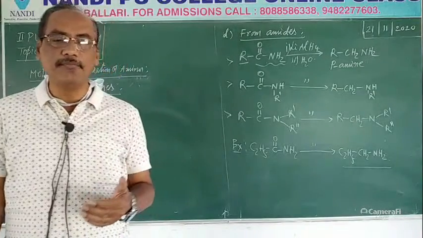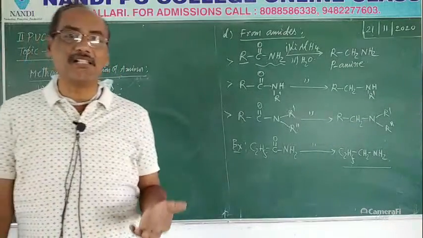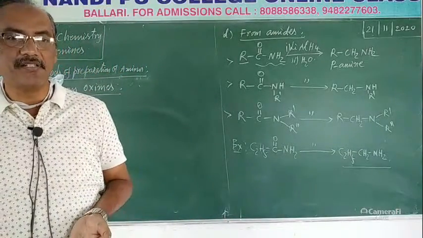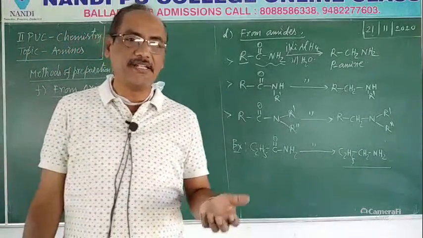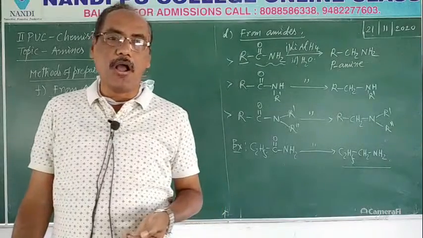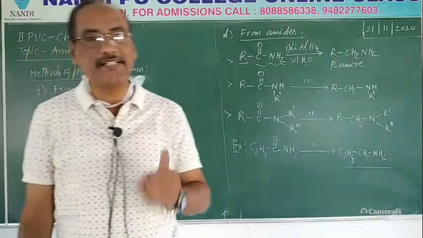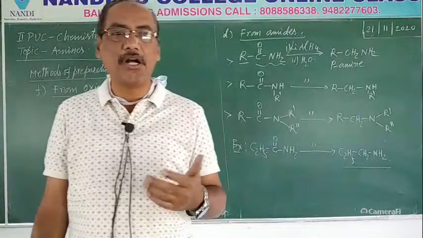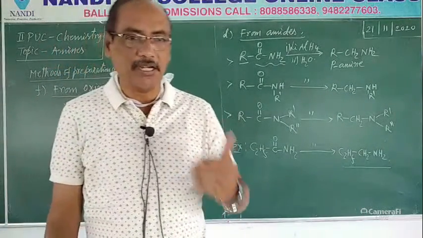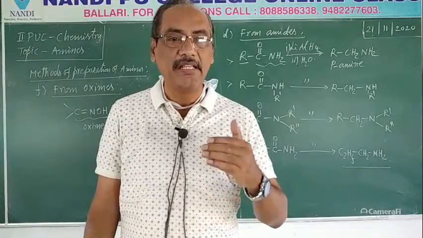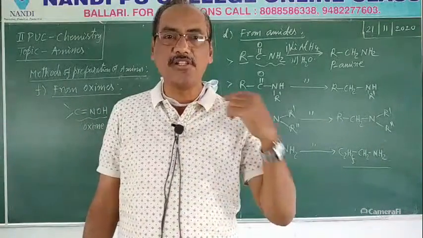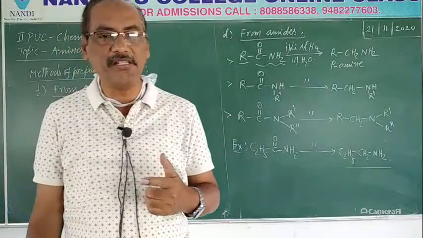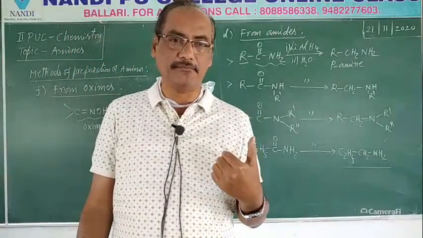Oximes produced from ketones are ketoximes. You studied the same reaction in the previous chapter. Aldehydes and ketones react with hydroxylamines, so that we get oximes. Aldehydes produce aldoximes, ketones produce ketoximes. The same oxime is reduced to amine.